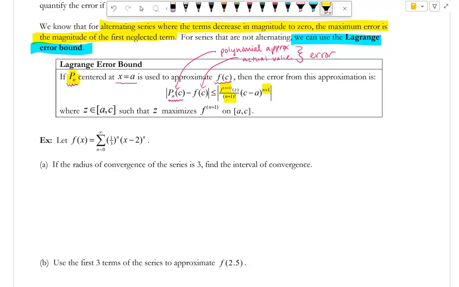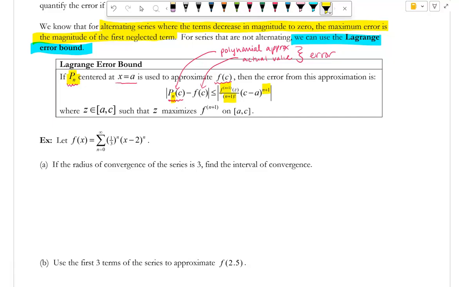We have all these n plus 1s. So if my polynomial is the nth degree polynomial, I'm going to be looking at the n plus 1 term. In that way, this is a lot like our alternating series. If we're using our nth degree polynomial to do our approximation, we're going to use the n plus 1 degree term. In other words, the next term.